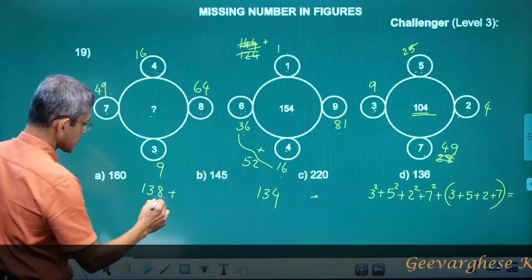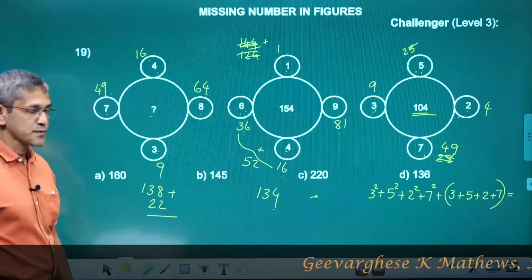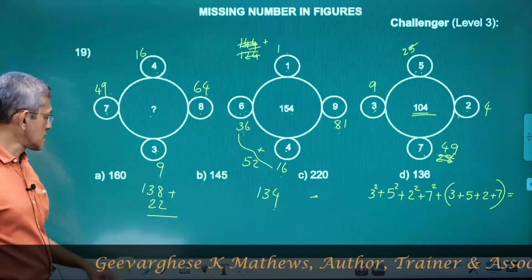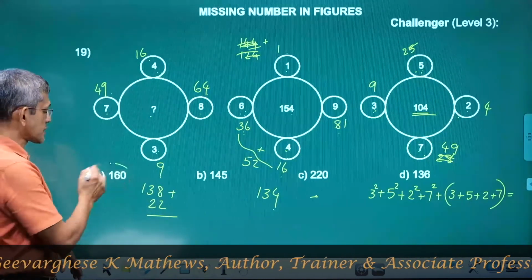So this must be 22. So what is the answer? 138 plus 22. 160 would be the answer. Right here, answer choice 160.